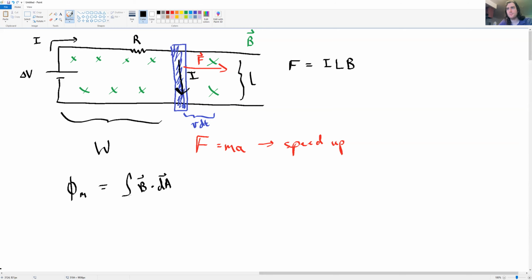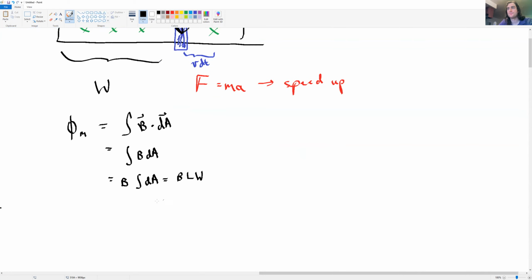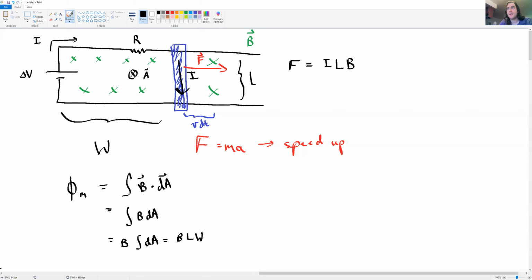B is not changing, B is constant. We can pull B out. We can rewrite this thing as B dA, no cosine theta because it's the same direction here. We can make the area vector be in the same direction. We can pull B out, so integral dA, and the area is width times length, right? Length doesn't change, but the width will change. The width is going to depend on the velocity here.